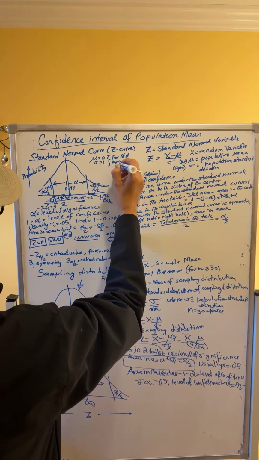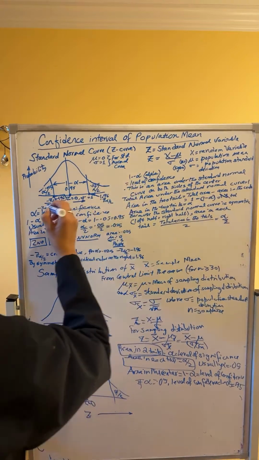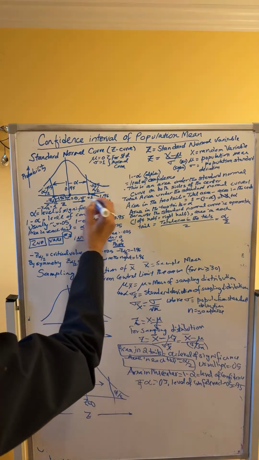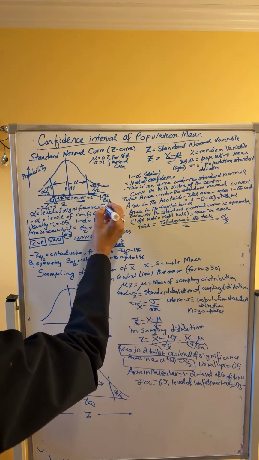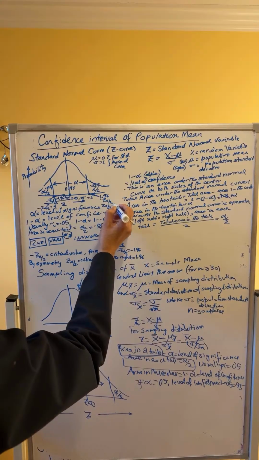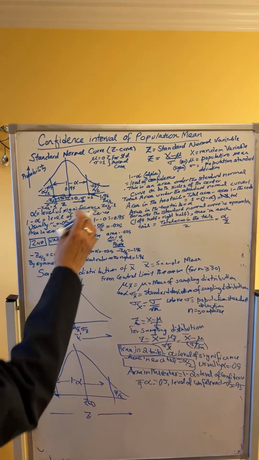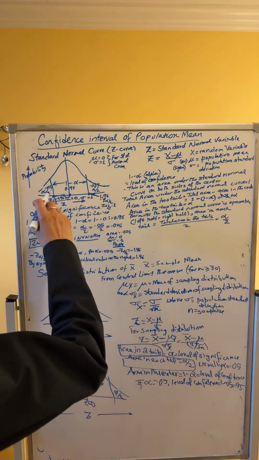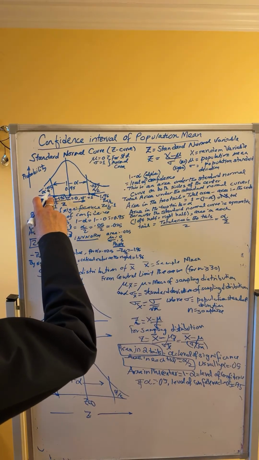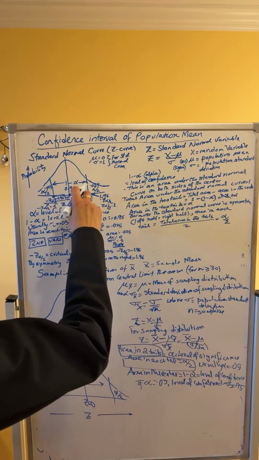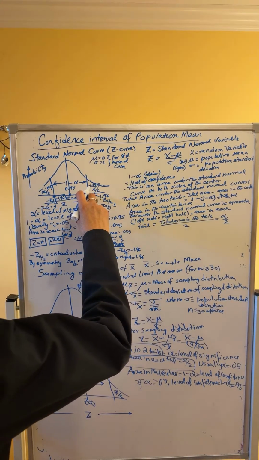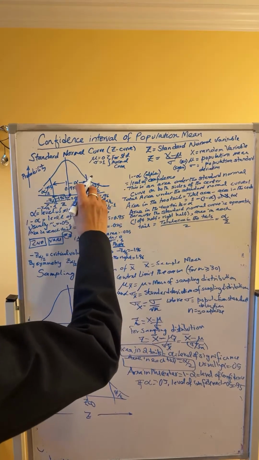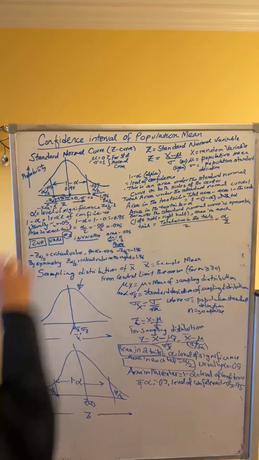So this one is minus z alpha by 2 times 1, which is the standard deviation, and this point is z alpha by 2 times 1. Why 1? Because 1 is the standard deviation of the standard normal curve.